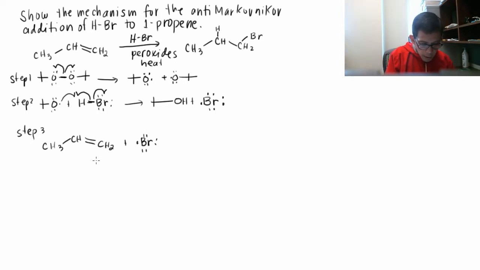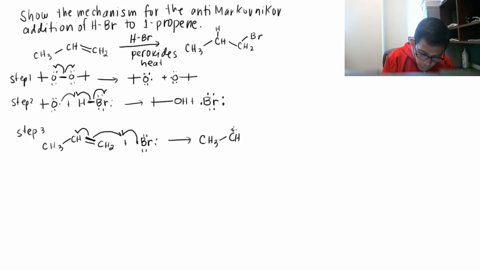Half of that bond between the two carbons meets with the lone electron on the bromine radical, and the other half of that bond goes to the other carbon, making up the double bond, and you produce this intermediate, CH3, CH, and now you have a lone electron on that middle carbon and a single bond.